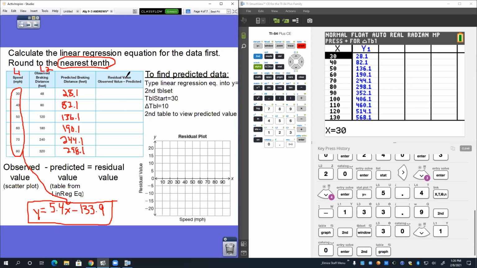Now, to get your residual values, notice that it says the residual value is the observed value. So the data from your scatter plot, it's the actual value minus the predicted value. So what you're actually going to take is you are going to go ahead and take these numbers from your L2, and you are going to subtract your predicted values.